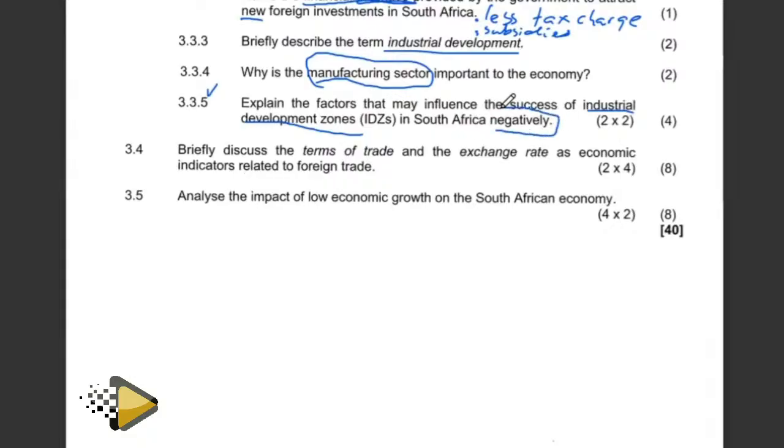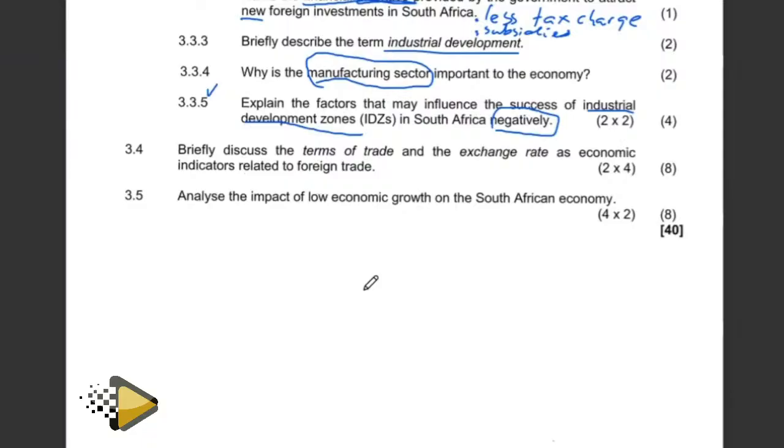So what I was actually trying to say is that whenever you are answering economics questions, you should always be in the position to understand what a question means or to interpret a question, because the moment you fail to interpret the question, it's going to be a huge challenge for you to understand how you must approach that particular question.